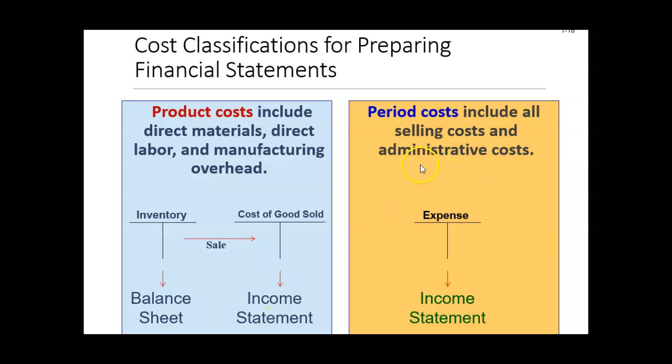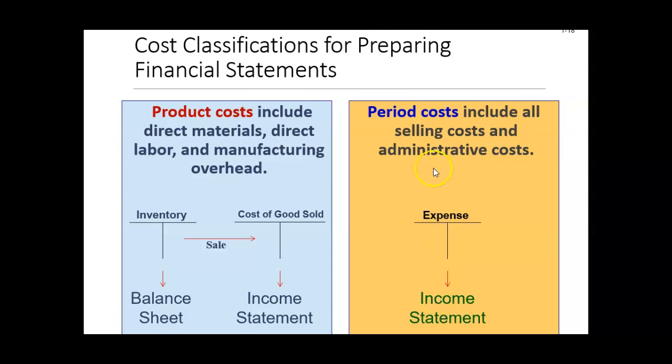Now, I mentioned that we have selling costs and admin costs. These are your non-manufacturing costs, which are known as period costs. Period costs are costs that we're going to expense right away on the actual income statement.